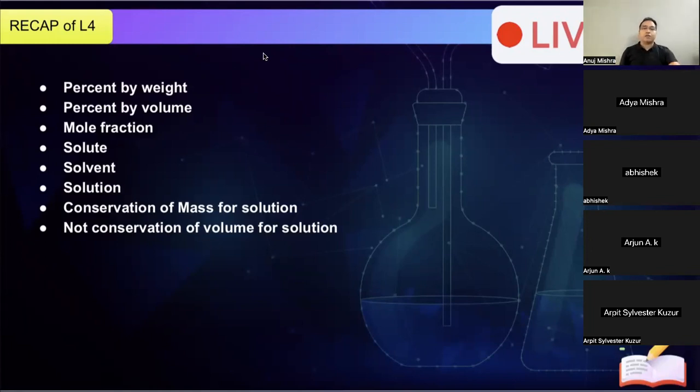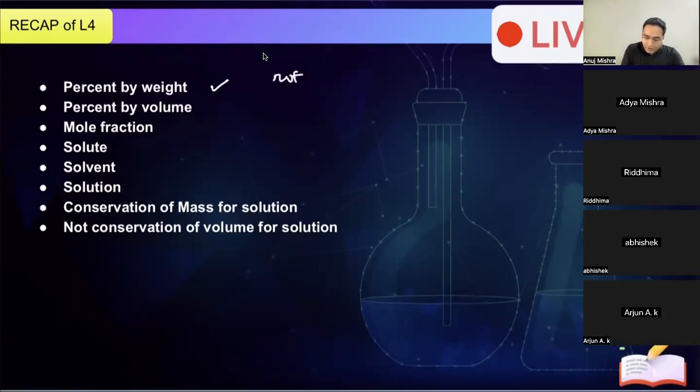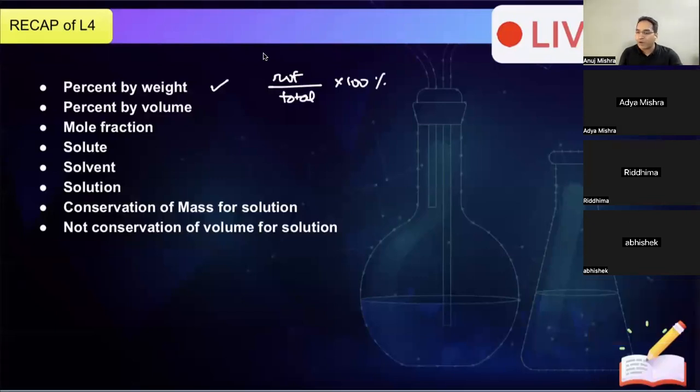In the last class, in lecture 4, we talked about percentage by weight. If you recall, it is weight of one substance divided by total weight into 100. So mass of one upon total into 100 is called percentage by weight.